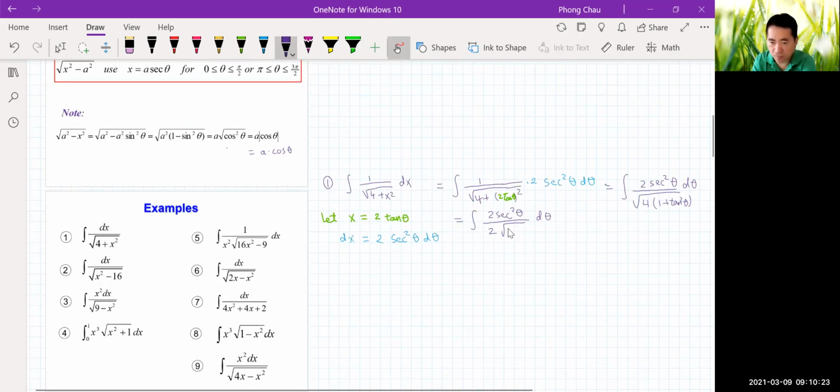So that becomes secant squared. Okay, so that would be the integral. You have 2 secant squared on the top, and 2 square root of secant squared is secant.